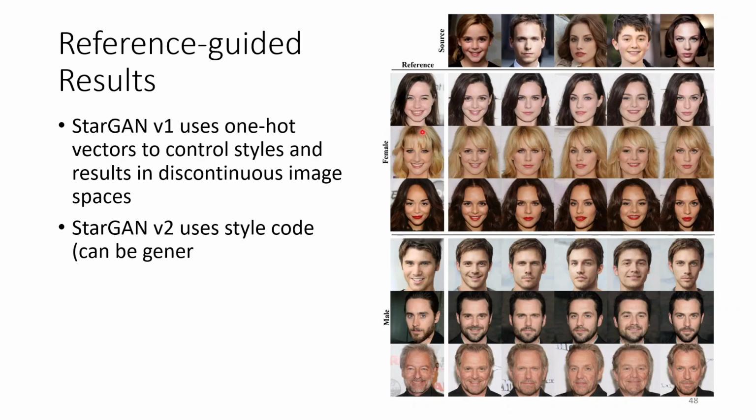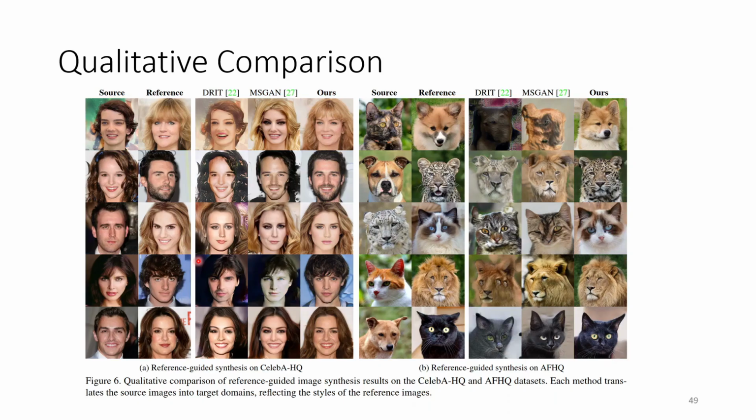Because the reference image provides the style, if you see the same row, you will see all of the generated images share the same gender as the style one, and the same hair color, skin color, and even the color of the lips. Okay, right, and see more results.